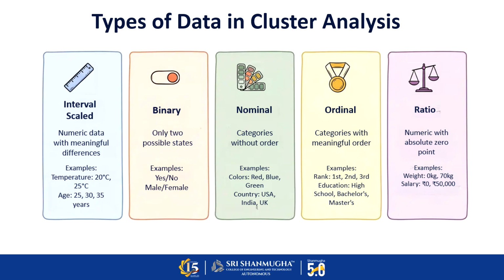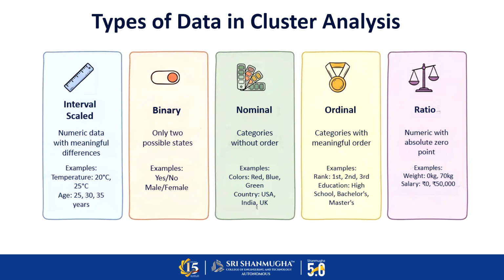So there is no sense in saying red is greater than blue or red is dominant. No, these are just labels. Similarity is checked by matching, whether the values are the same or different. So this is nominal. Next one is ordinal data. Categorized with a meaningful order, but the exact difference between values is not defined.